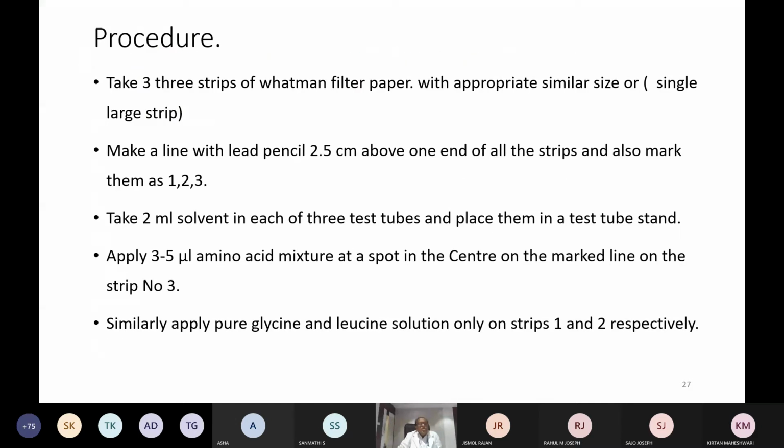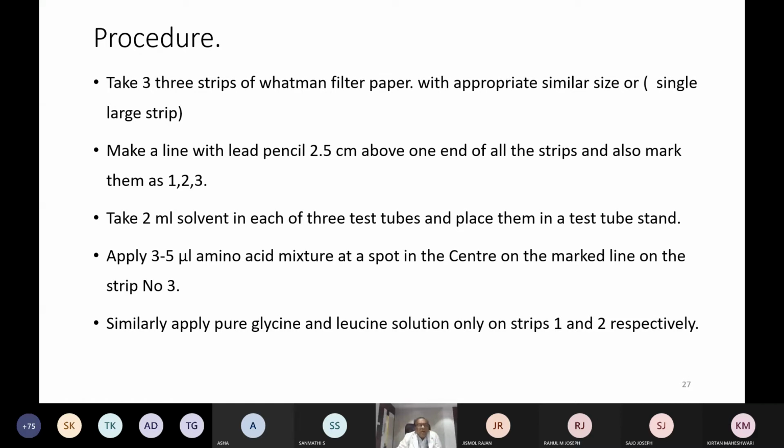You can take 3 strips separately, or a single strip also can be done. Make the line with a lead pencil and take 2 ml of the solvent in each of 3 test tubes, or place them in the beaker only, whichever way you want.